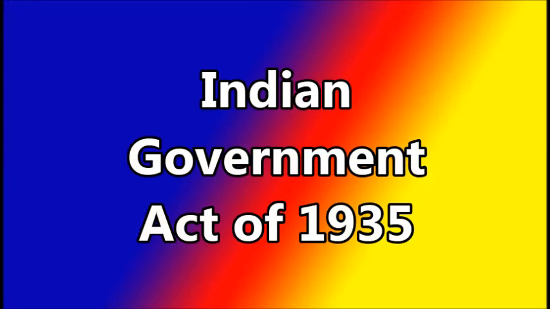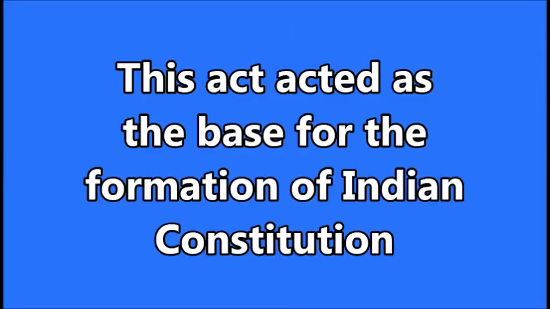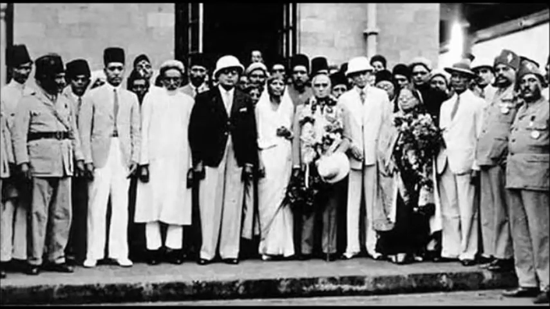Now let us learn about another act known as Indian Government Act of 1935. This act acted as the base for the formation of Indian Constitution. The report submitted in 1928 under the leadership of Motilal Nehru was instrumental in the formation of the act.